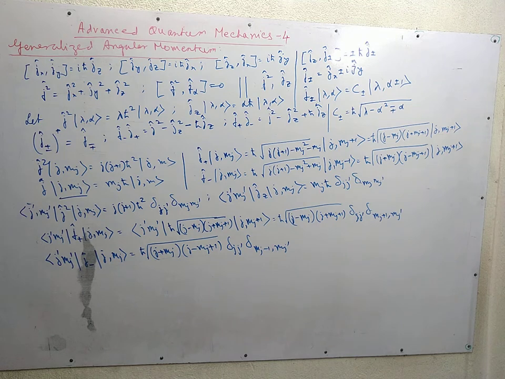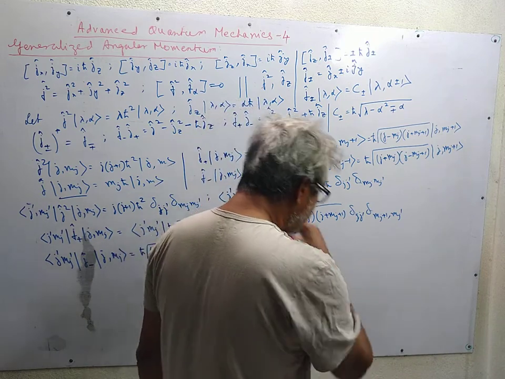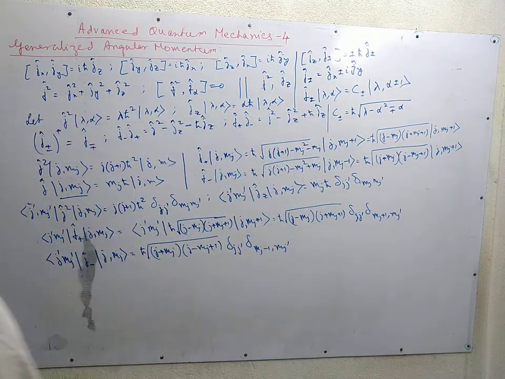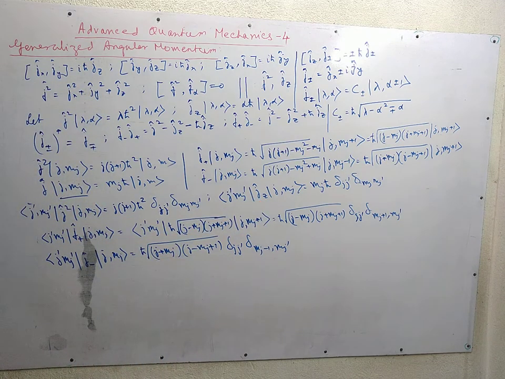And if we want to find out the matrix for J, first thing we see is that for a given value of j, mj has values from minus j to plus j in steps of unity. That is, for a given value of j, mj has 2j plus 1 values, and these matrices are not diagonal. If we consider a particular value of j, the matrices for J squared and Jz are diagonal, but for J plus and J minus, the diagonal elements are 0.